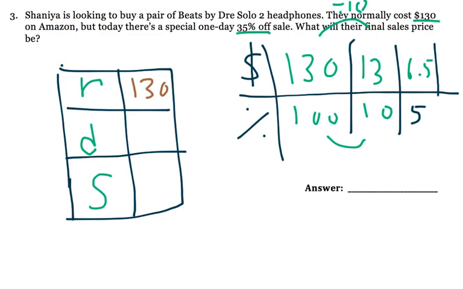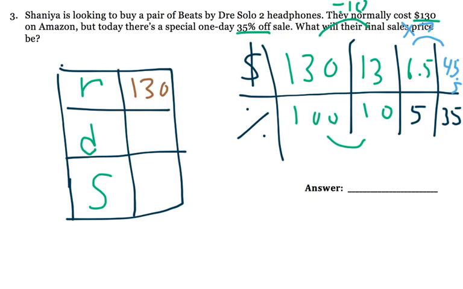Finally, we can multiply 5 by 7 and get up to 35. And then we can multiply 6.5 by 7 and get the final answer of 45.5. Sorry, that's really badly written.